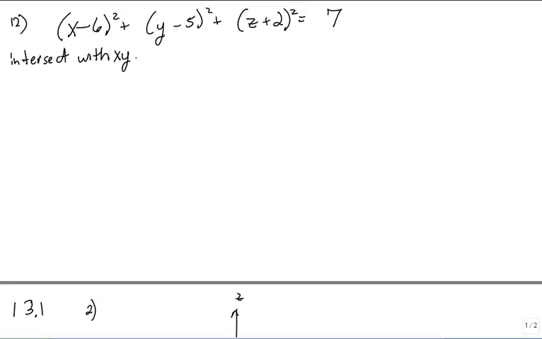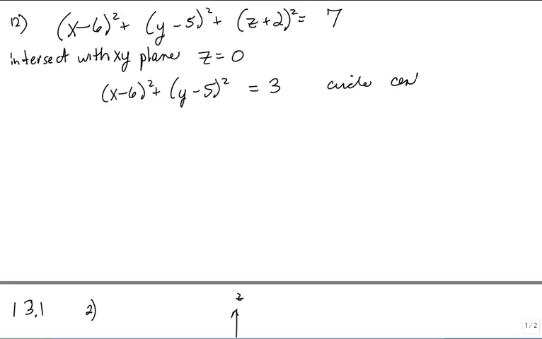If you intersect it with the xy plane, well, that's when z is 0, so you have x minus 6 squared plus y minus 5 squared. That would make this 4, so you bring it to the other side, and that would be 3. So you get a circle with center 6, 5, radius square root of 3.